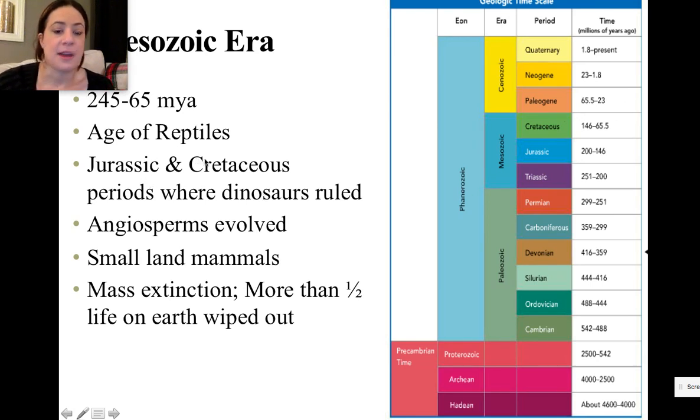The Jurassic and Cretaceous periods, where dinosaurs would rule the earth, angiosperms would evolve, so those are your flowering plants, and very, very small land mammals. Again, at the end of this era, there would be another mass extinction that marks the end of these eras, and that would wipe out more than half of the life on Earth.